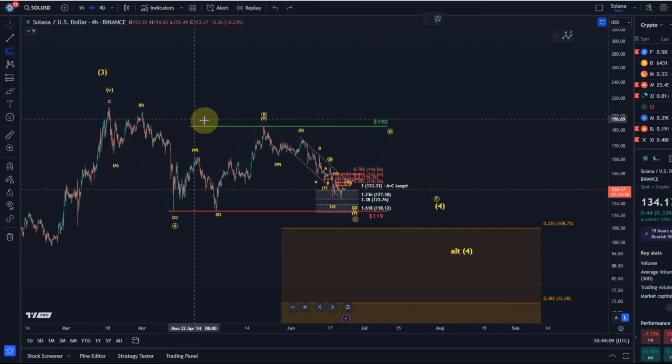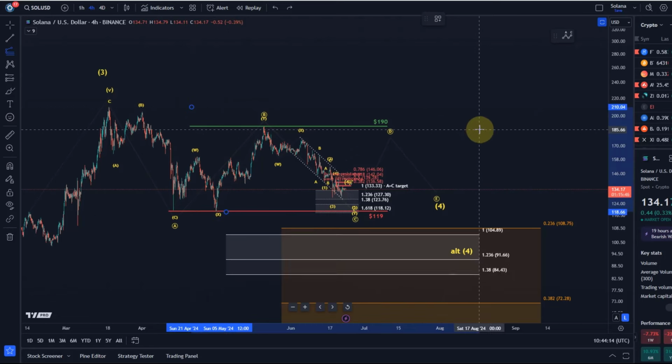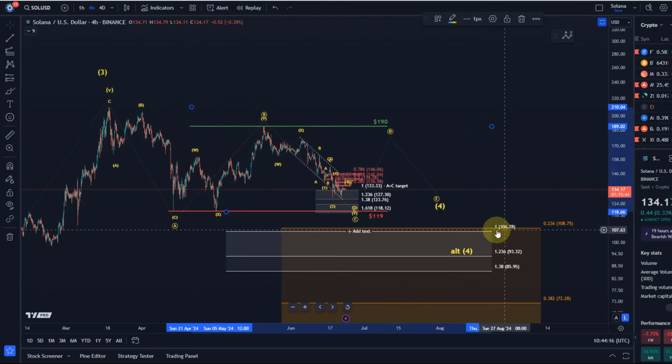Here there are different fib levels that we can then watch. For example, the 100% extension at around $107, the 1.236 or the 1.38 extension levels down to $86. So these would be, let's say, alternative target areas for a larger flat correction.